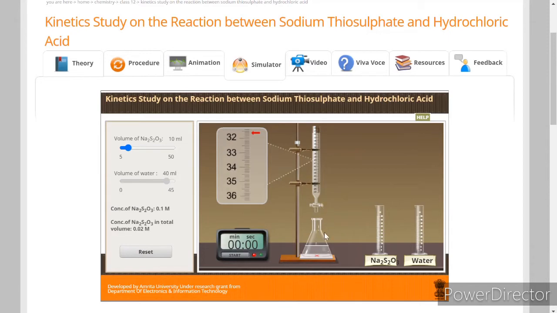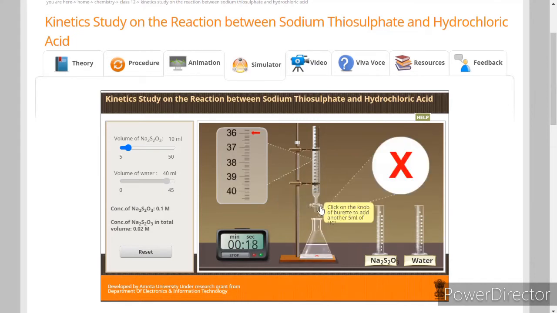Okay, there will be the reaction. After that, we shake it, click again, and then the cross mark becomes invisible.